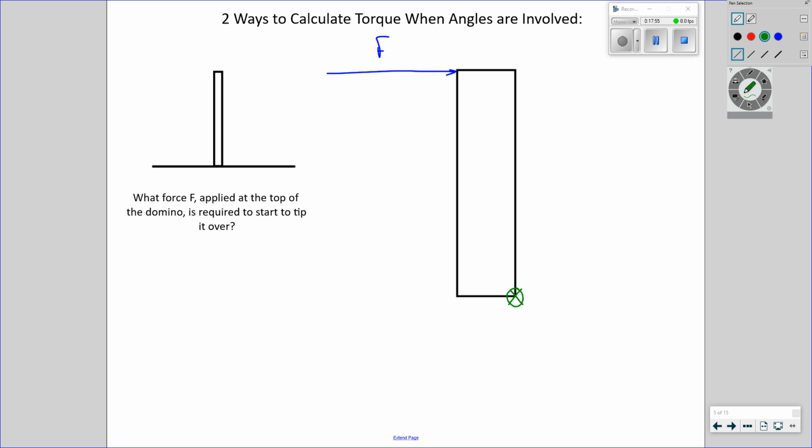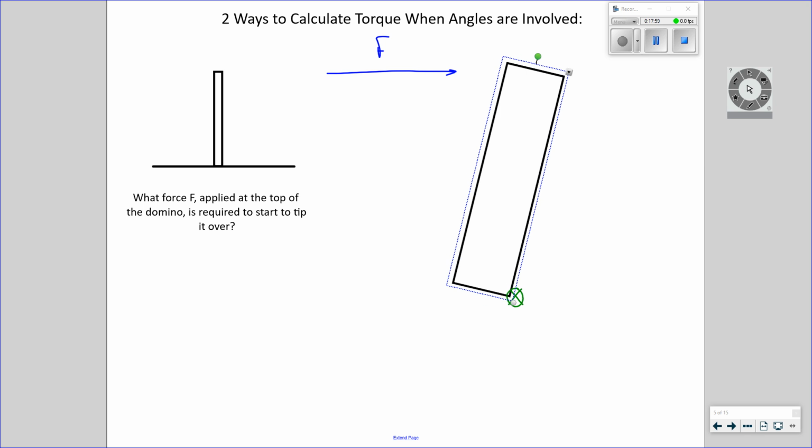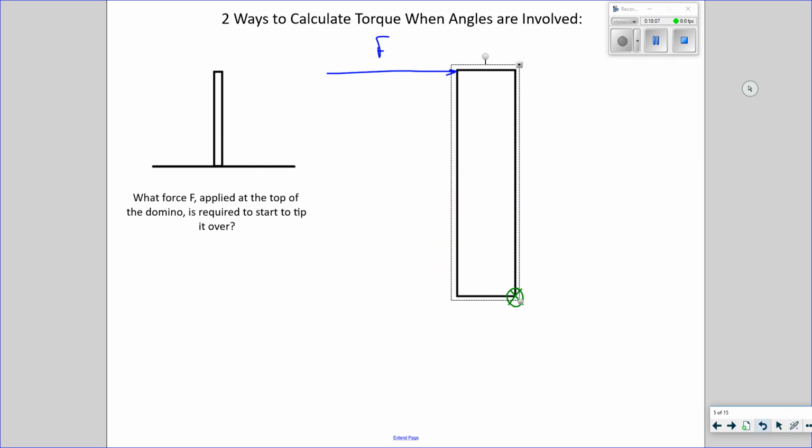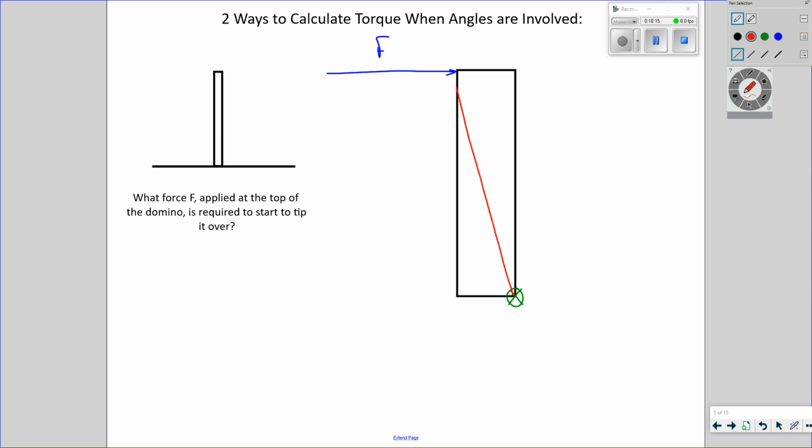You can imagine the thing lifting up, but having that bottom right corner stay pinned to the ground. So, by definition, our vector R goes from the axis of rotation to the point of application of force. That's not too bad, actually. So there's a vector R.